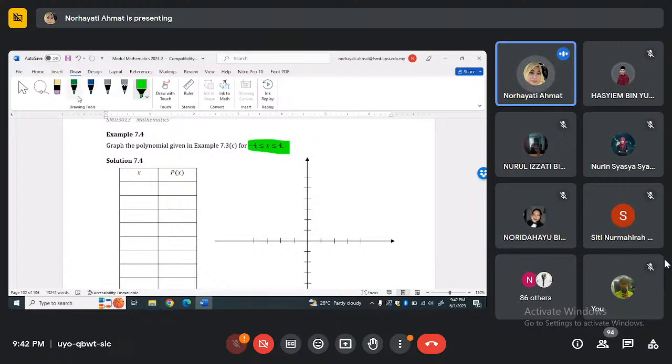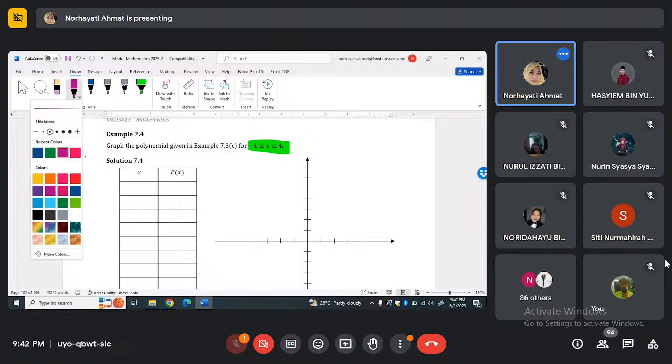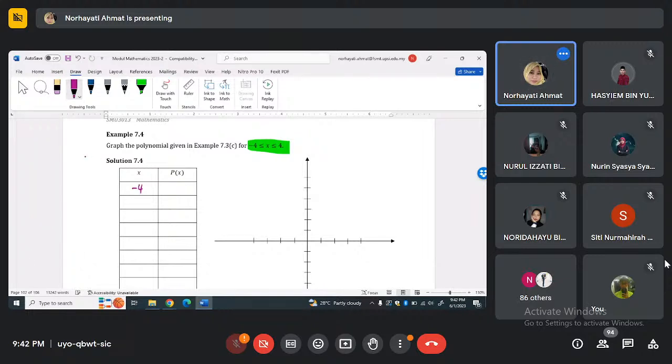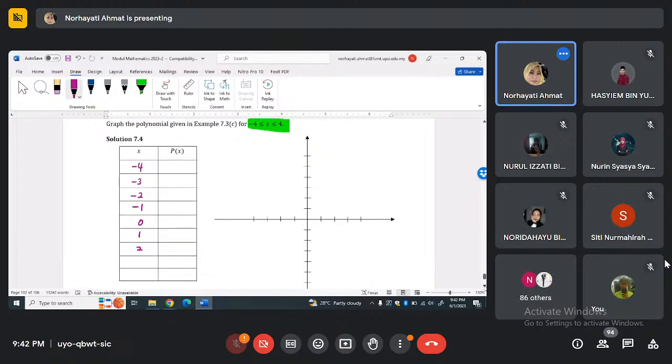We substitute the values of x: negative 4, negative 3, negative 2, negative 1, 0, 1, 2, 3 and 4. So you need to substitute these values of x into the function.